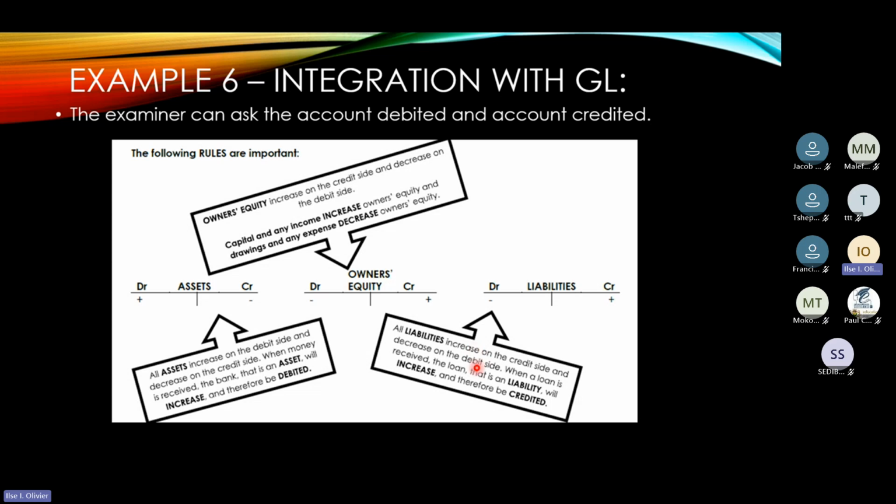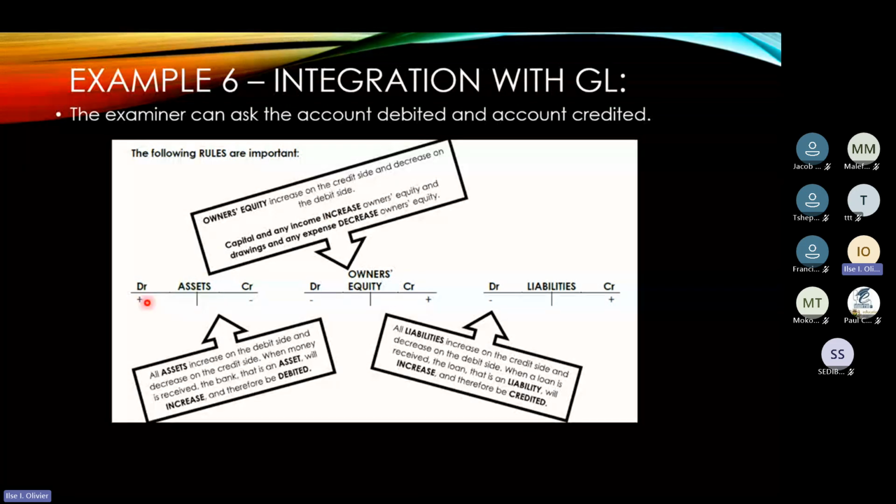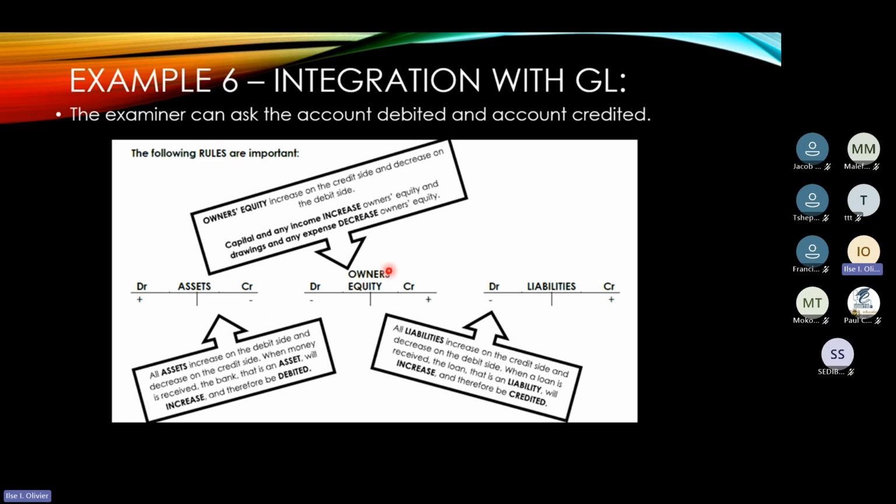And if we look at liabilities, liabilities increase on the credit side and decrease on the debit side. So when we do the general ledger later this year, remember to write this little T account cheat note on your paper: assets plus debit minus credit, owner's equity plus credit minus debit, and liabilities plus credit minus debit.